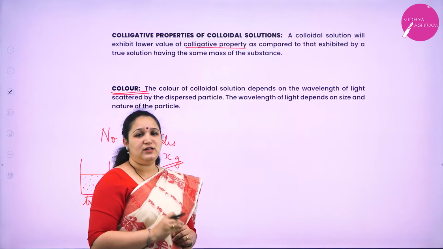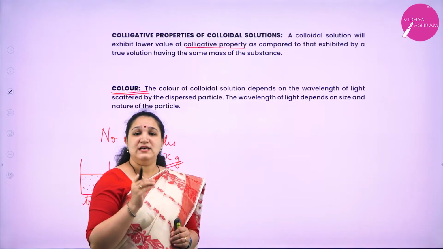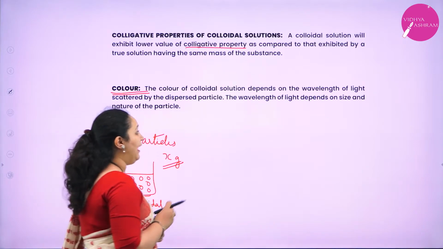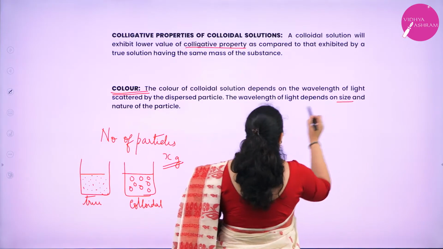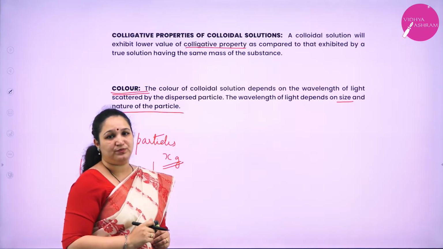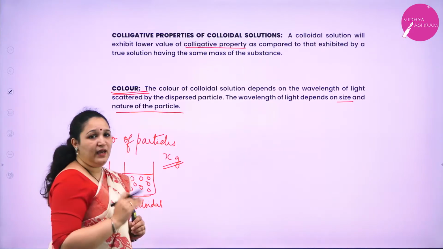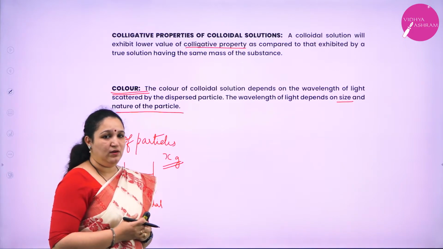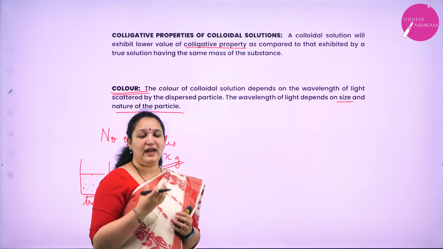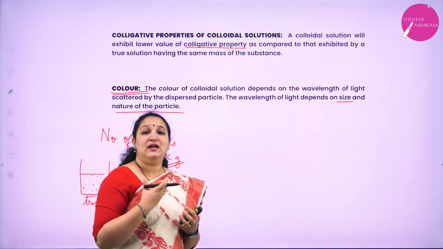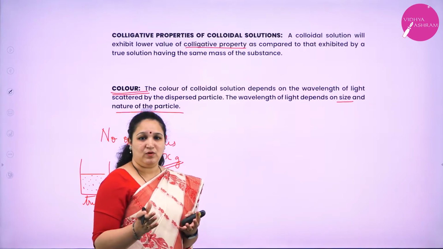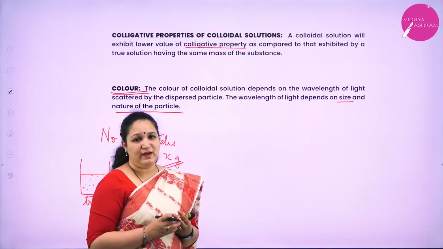The color of the colloidal solution depends on the size and nature of the particle and also on the wavelength of the light which is used. For example, in a colloidal particle, if the size is larger, it will absorb a longer wavelength and transmit a shorter wavelength.